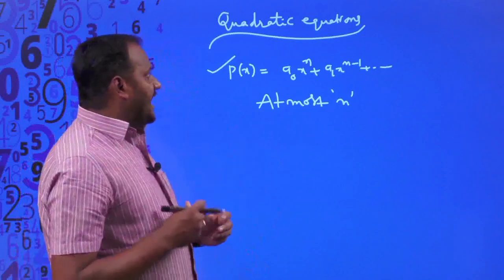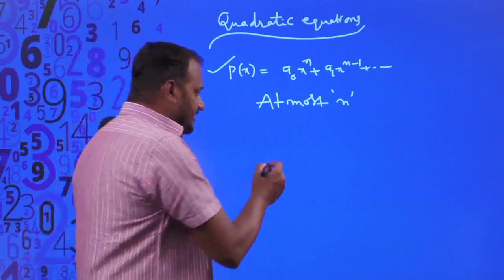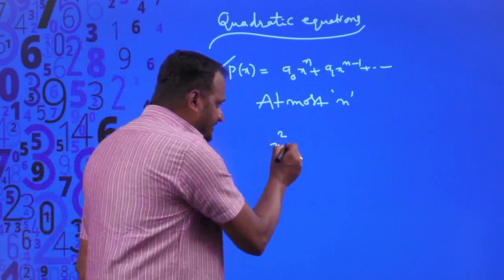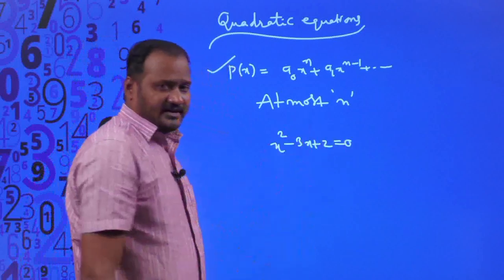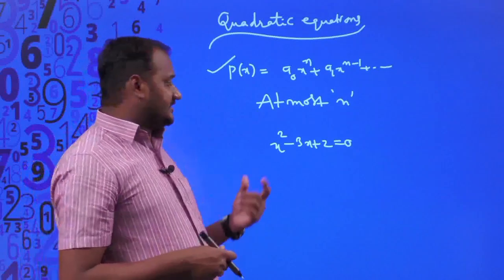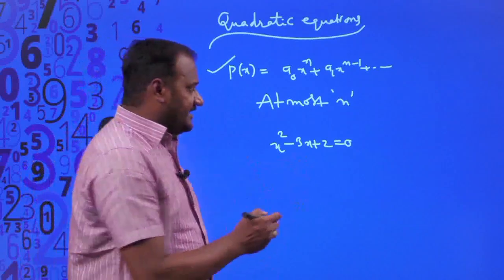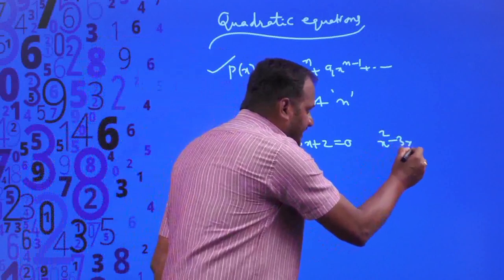Now I am taking one quadratic polynomial equation, for example x square minus 3x plus 2 is equal to 0. This is a quadratic polynomial equation, more precisely a quadratic equation. And taking a quadratic expression, that is x square minus 3x plus 2.